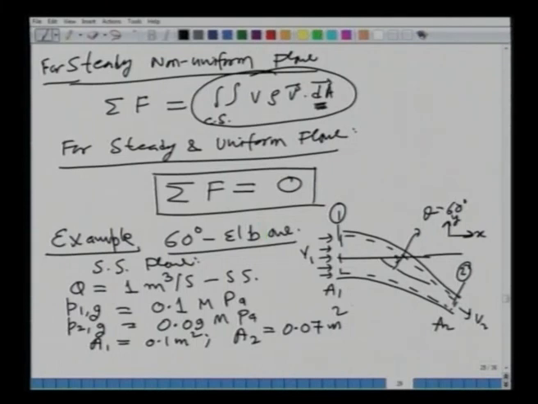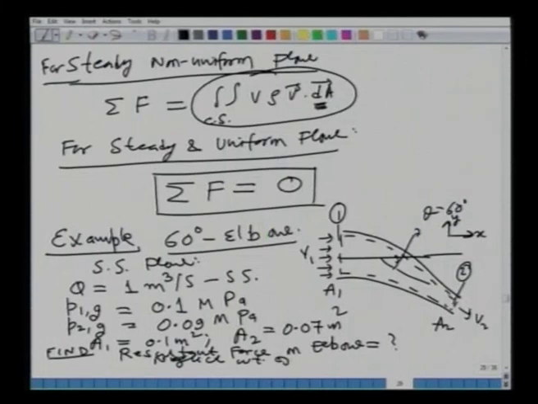What you have to find is the resultant force on the elbow. Other data that is given to you is to neglect the weight of water. So, the flow is given, the cross sectional areas are given, the pressures are given at the inflow and outflow region. Neglect the weight and find out how much force will be acting on this elbow.